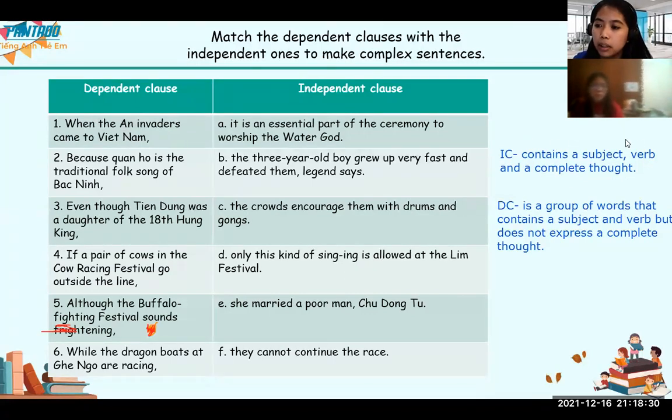How about a verb? When we say a verb, it is an action word. For example, came. This is a verb. Next, we have this one, was.